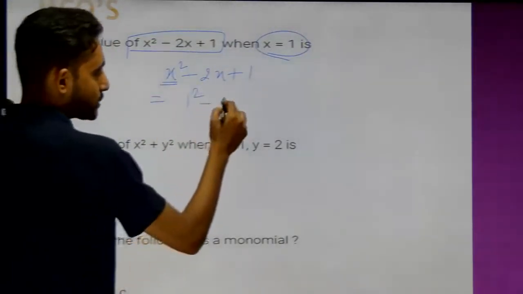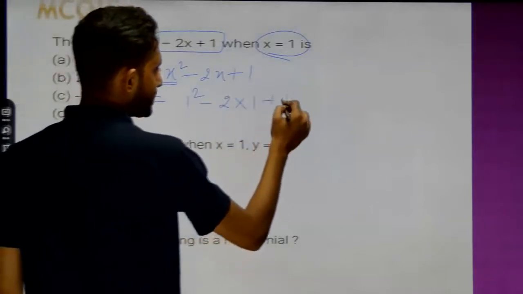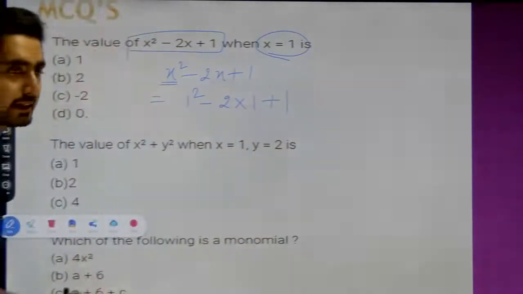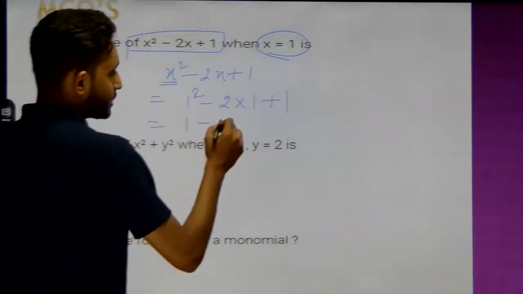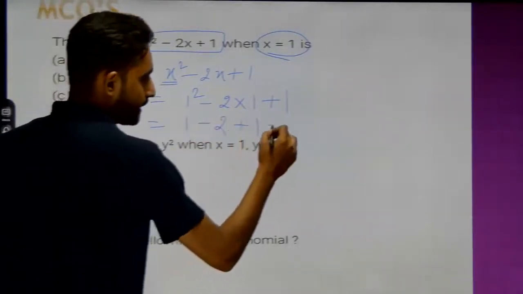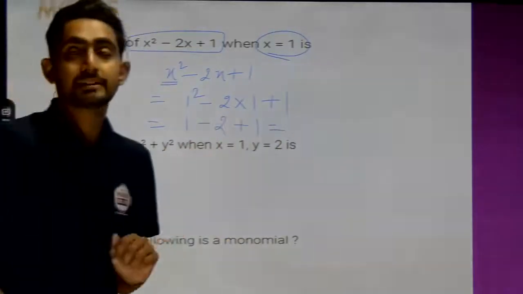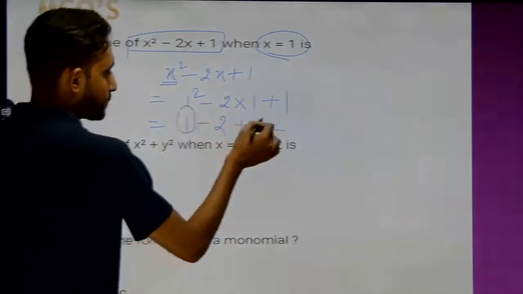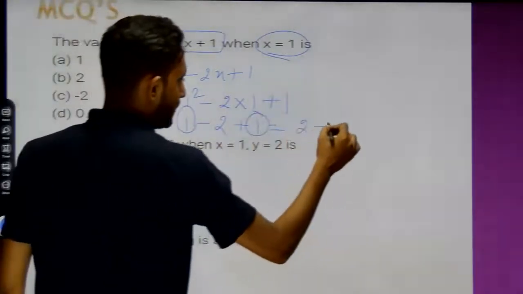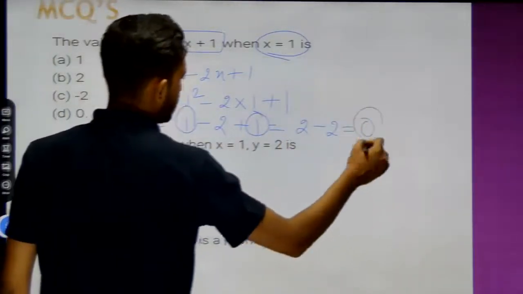So 1 square minus 2 into 1 plus 1. Correct? Now 1 square is 1, minus 2 plus 1. Whatever positive values are there, you have to add them. 1 plus 1 is 2, and minus 2 is equal to 0.